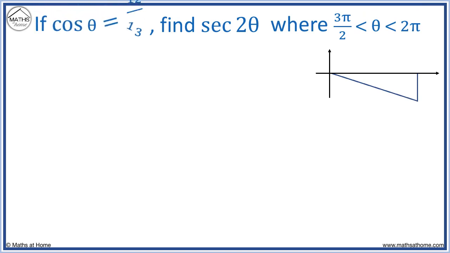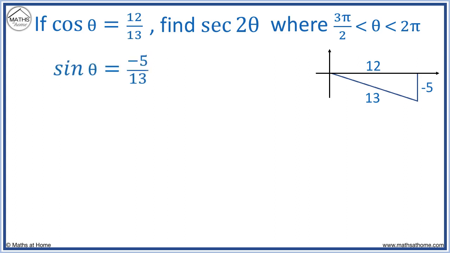Cos theta equals adjacent over hypotenuse, so the adjacent equals 12 and the hypotenuse equals 13. Using Pythagoras, the opposite side is 5, or minus 5 since it is downwards. Therefore, sine theta equals opposite over hypotenuse, or minus 5/13.